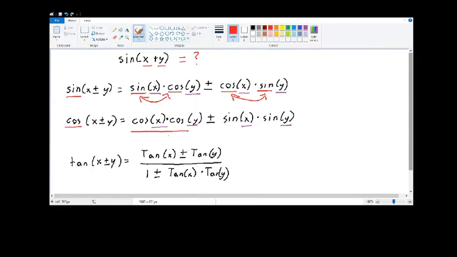The first multiplication is actually cosine and cosine, while the second is sine and sine. So this one doesn't flip-flop, it keeps consistent. Cosine is consistent, sine is sporadic. So this consistency allows you to remember that we've got cosine first with a mix of x and y, and then sine with a mix of x and y.